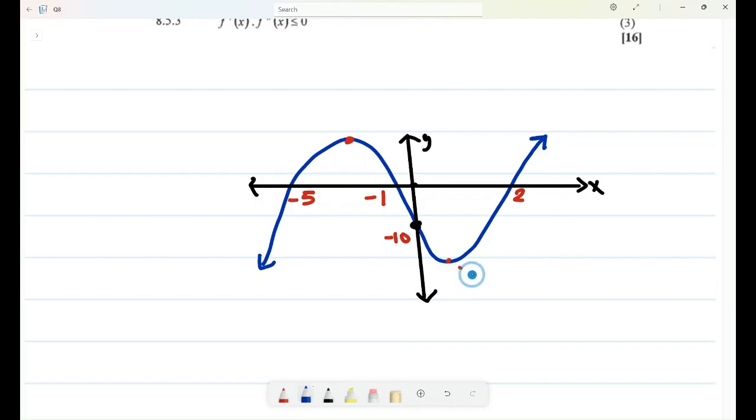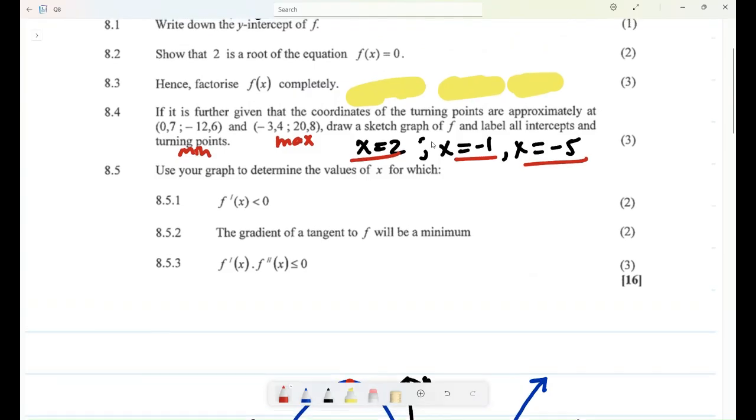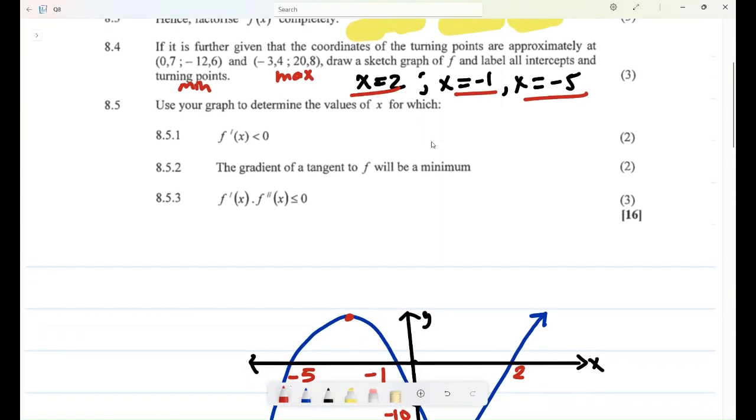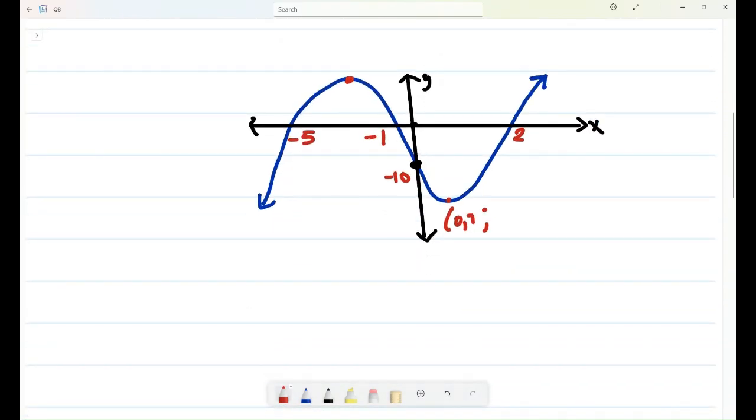Then now I can replace my points here and say this, I was told it is point 0.7, 0.7, and I don't like how the examiner wrote these numbers now, and 20.8. Then here I think we have -3.4 and what?